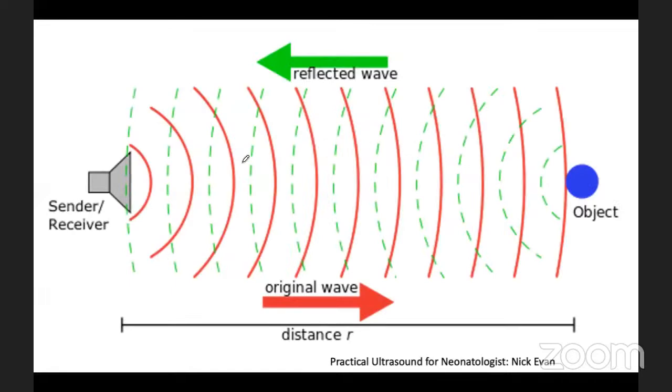This is a basic illustration. The red ones are the sound waves being emitted, and the blue is the object. If they find any object in their pathway, the echoes are reflected back into the machine and the image is thus formed.